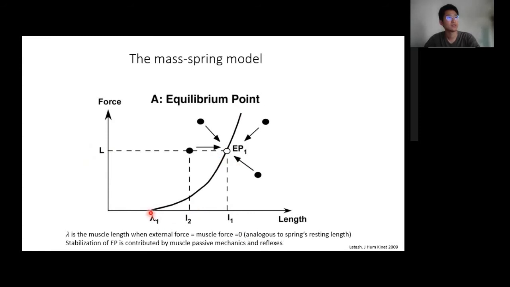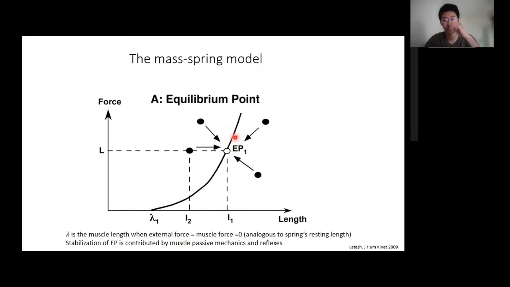Then you may ask why this characteristic has to be this kind of exponential curve. For example, the slope is very small at a smaller length change, and when the length change is larger, the slope becomes much larger. Why does it have to be like this, and not the opposite shape, or even a linear shape? We will deal with this question in our exercise.